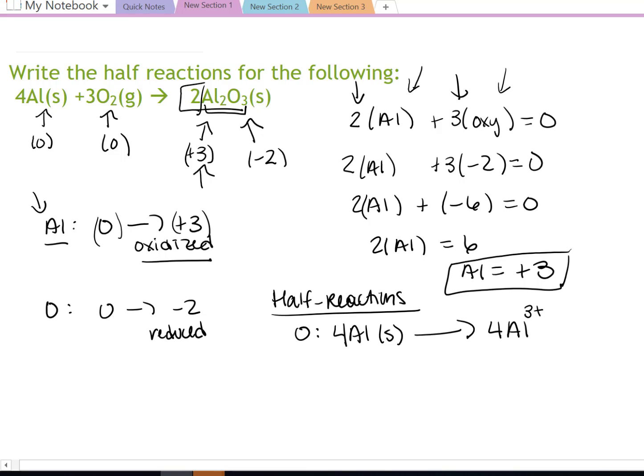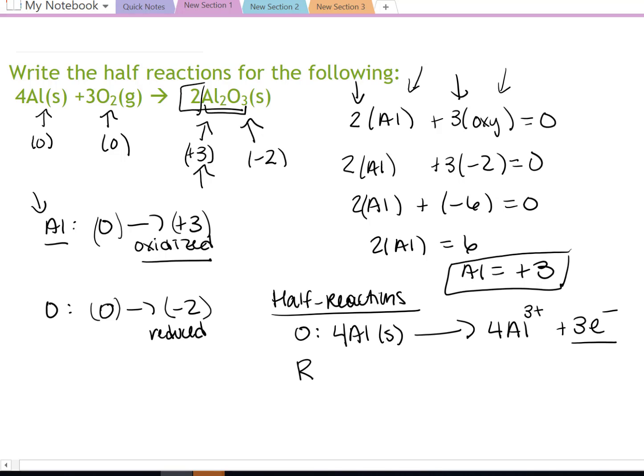Then we're looking at how many electrons we lost. We lost 3 electrons because oxidation is loss. So when we have the oxidation half reaction, the electrons are on the right-hand side.